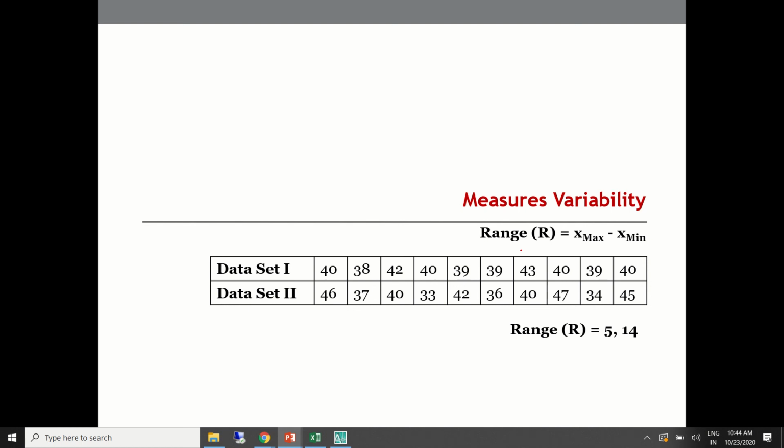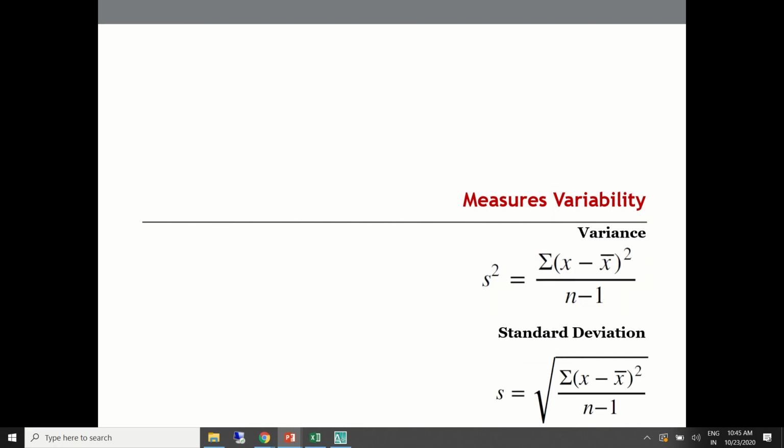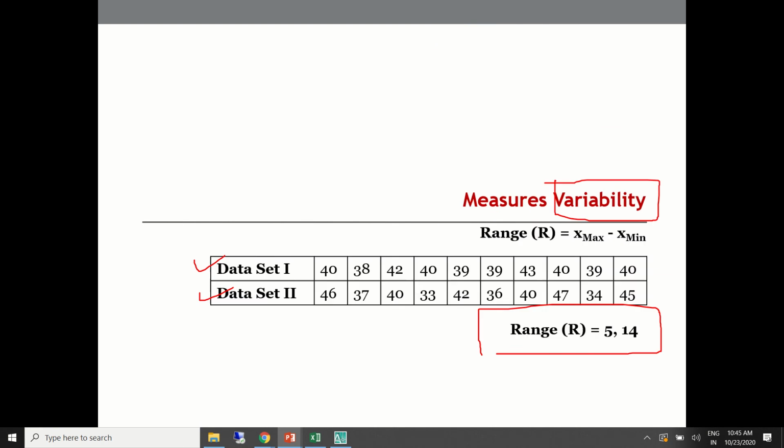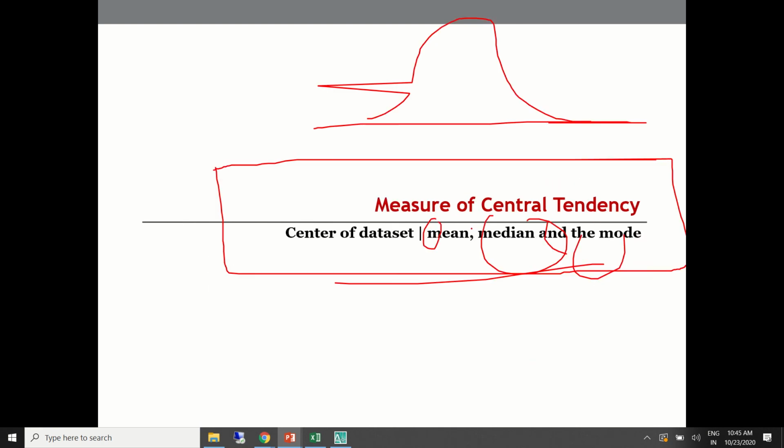Similarly, I said range is also a technique for understanding the data set. What is the variability in the data set that we have? These are actually measures of variability within the data set. So kindly remember these words so that we can use them appropriately.